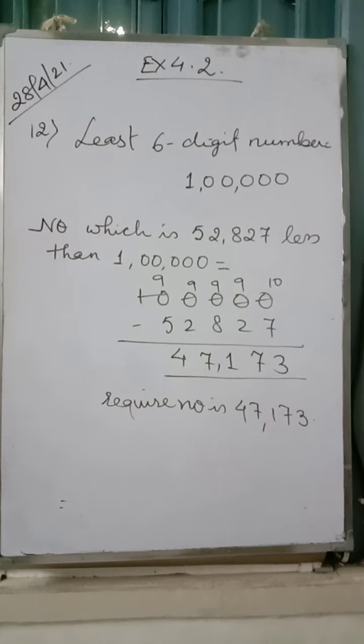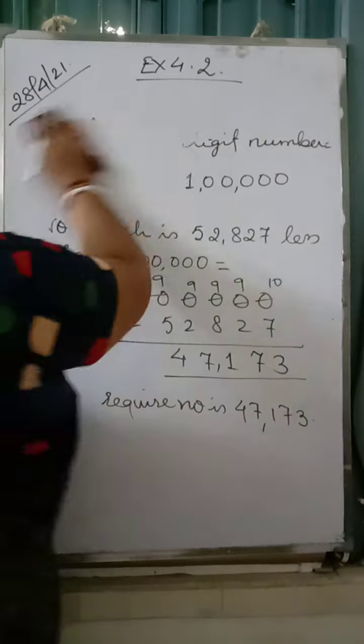Then number 13, they have asked find the value of 1,000 less than 8,917. The word less than means we have to subtract. It will be less. So let us see number 13.